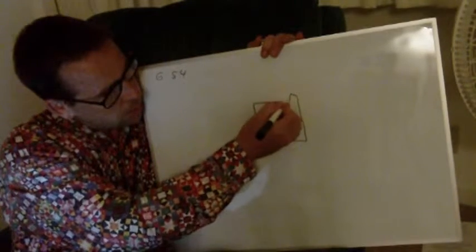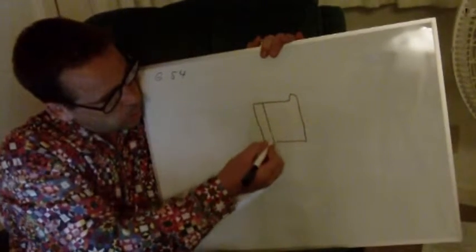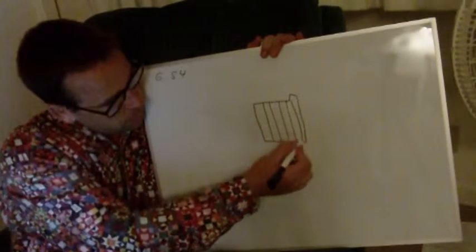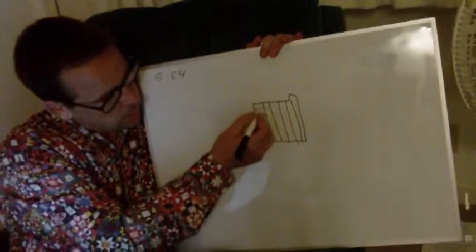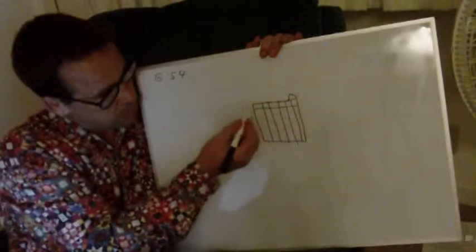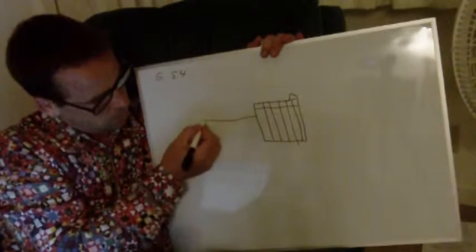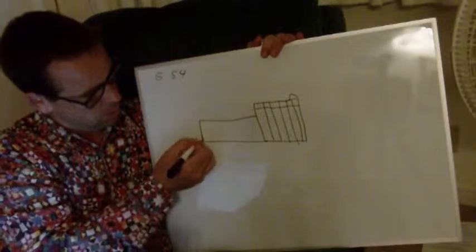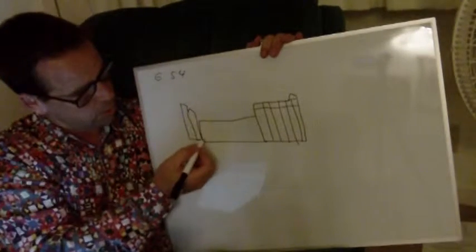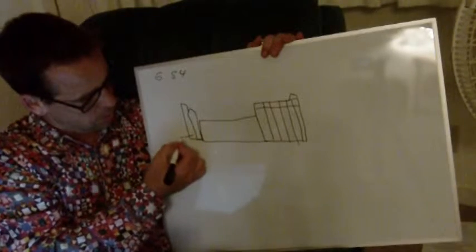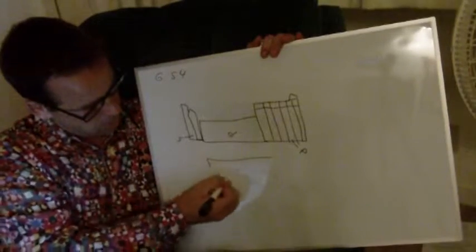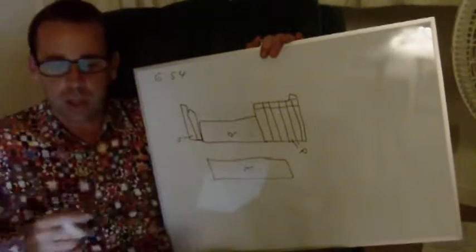And in the p block, we have 1, 2, 3, 4, 5, and then 6 elements going across the p block here. We have our transition metals here, and then we have our alkali and alkaline earth metals, right? So again, this is the s block, this is the p block, this is the d block, and then down here is our f block.